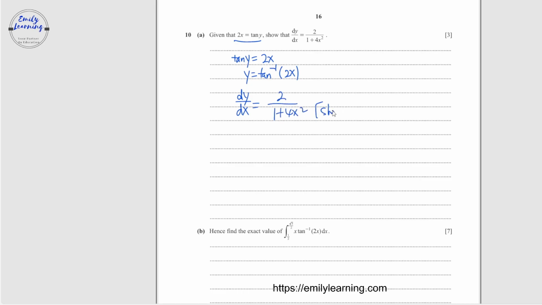Okay. Because it is 3 marks, this seems a bit too easy, right? So you can use implicit differentiation as well. You differentiate tangent y, you get secant squared y dy/dx equals 2. So secant squared y is the same as 1 plus tangent squared y.